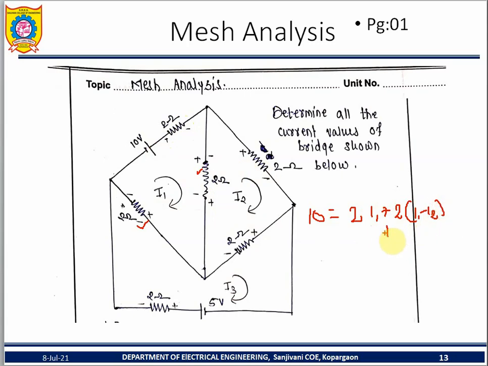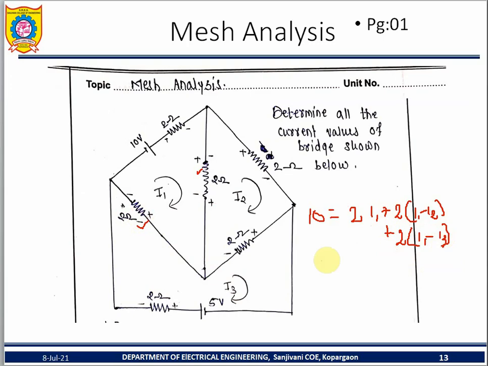Plus, again plus only. What about this resistance value? 2. So 2 into open the bracket, I1, I3 is opposite, so minus I3. That's all. Equation 1 is written.